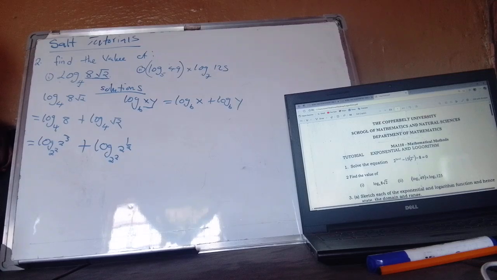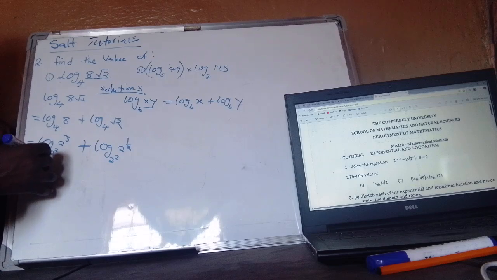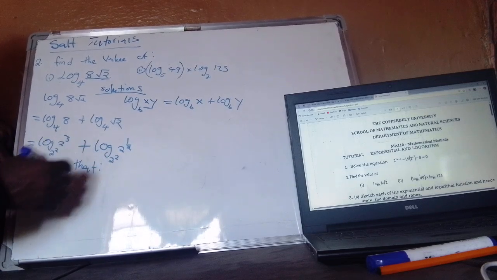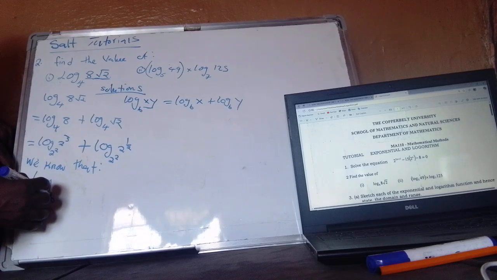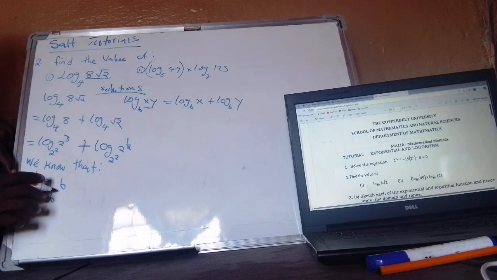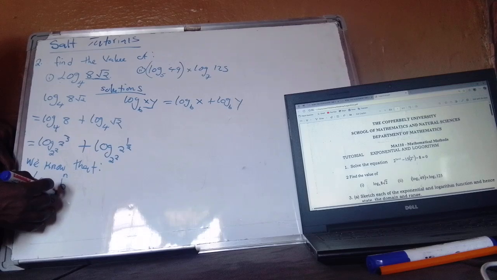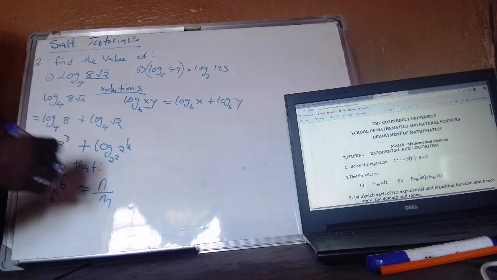And we know the property which we are using here: the log with a certain base b raised to a power m, and the input b raised to a power n, is just equivalent to n divided by m.